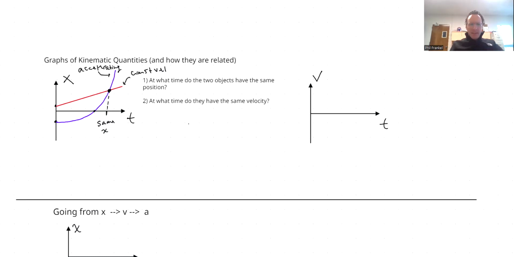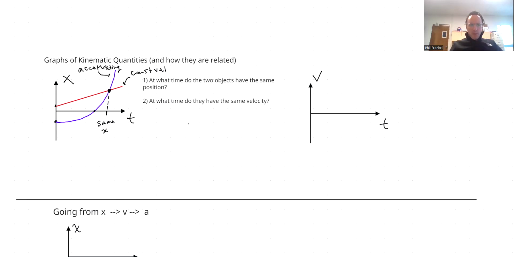Now, at what time do they have the same velocity? Velocity is the rate at which the position changes. It's the slope of these position versus time graphs. So we're looking for the time when both position versus time graphs have the same slope.